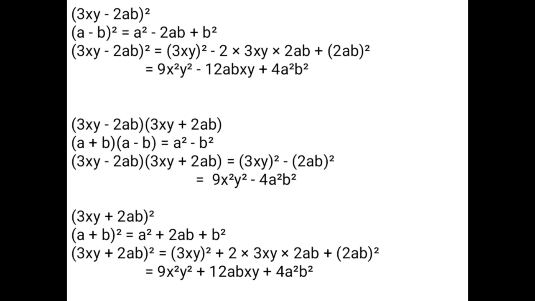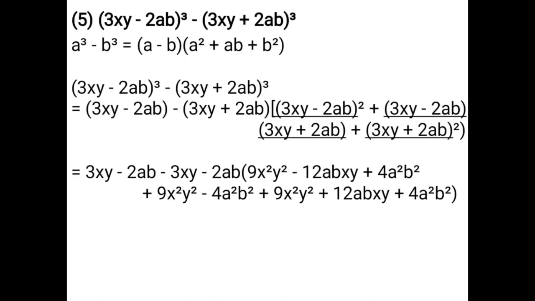That is equal to 9x square y square plus 12abxy plus 4a square b square. After getting the answer, you have to write this answer in bracket, that is plus 9x square y square plus 12abxy plus 4a square b square.